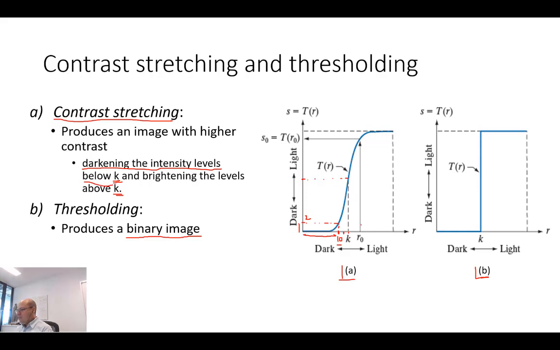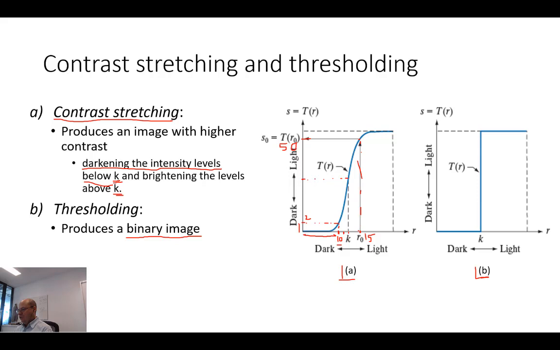And let's see what happens with an intensity level above K. Let's say this is an intensity value 15. This function here is going to map this value to a much higher value. Just for the sake of an example, we'll be mapping it to 50.